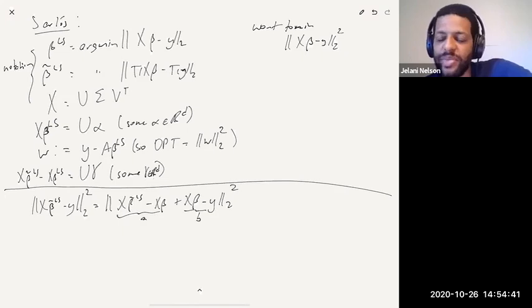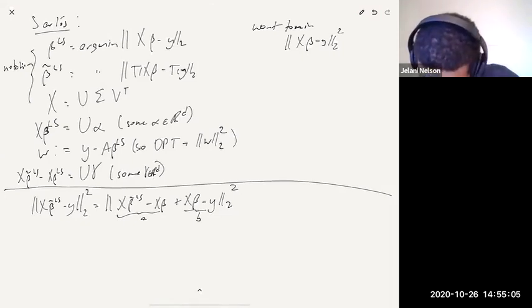Well, beta is the optimal solution to least squares. What's the optimal solution to least squares? It should kill the part of y that's in the column space of x. So the only thing that survives after you subtract is the part of y that's in the orthogonal space. So x beta minus y is orthogonal to the column space of x, which means that b is orthogonal to a, so the dot product is 0.